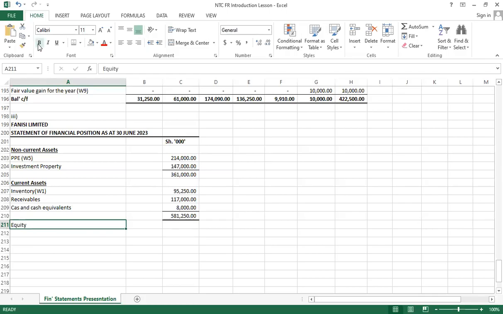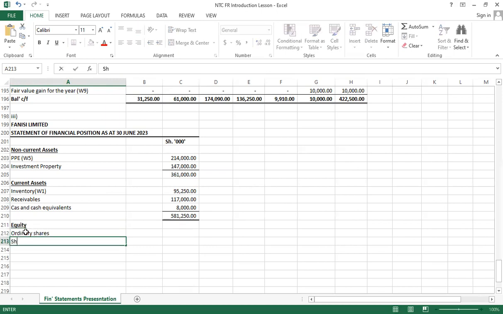And so we proceed on to the equity section of the balance sheet. We've seen what equity comprises, those items in the statement of changes in equity. One we saw is our ordinary shares, followed by the share premium.